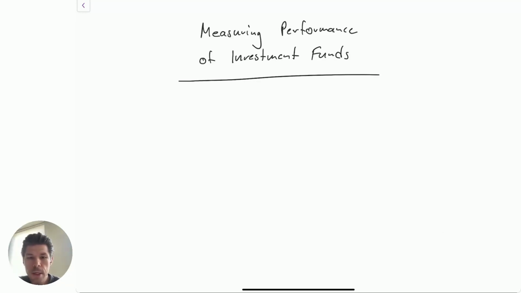In this video, I would like to give you an idea how to measure the performance of an investment fund. As a general rule, the best way to start measuring such an investment is with IRR, because it takes into account the respective cash flows and the timing.